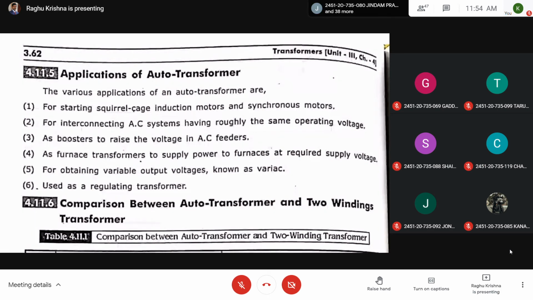So we are going to slightly increase our voltage. If we apply full voltage at a time, more current will be drawn and the winding gets heated up and it may melt. So for starting squirrel cage induction motors and synchronous motors, we are going to apply the voltage slowly.